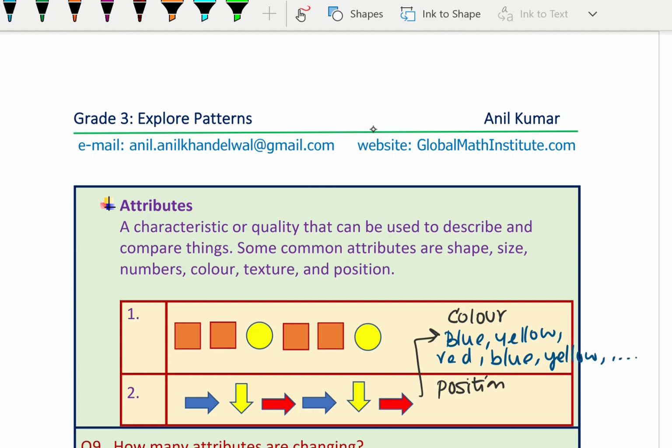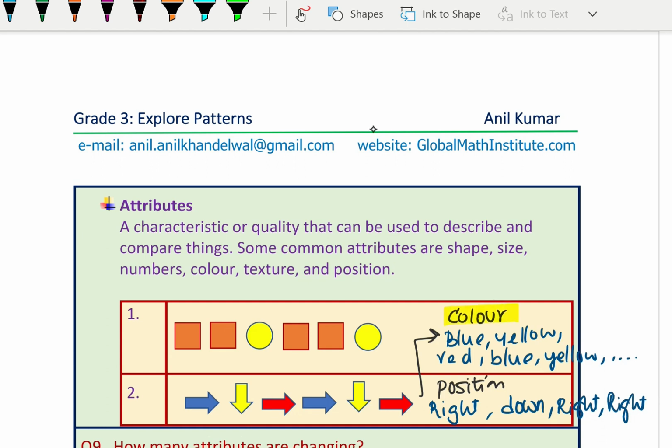And as far as position is concerned, we can describe this as right, down, right, right. Is that clear to you? So these are different ways in which we could describe them. But before describing, we should define the attribute.